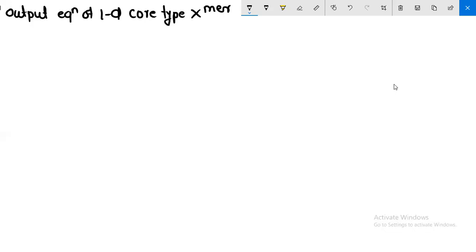Okay, now see, for this there is one figure which we have to take as reference for deriving the equation, that is nothing but the single phase core type transformer. It is a simple two-dimensional figure of the transformer, but what they have indicated is important.